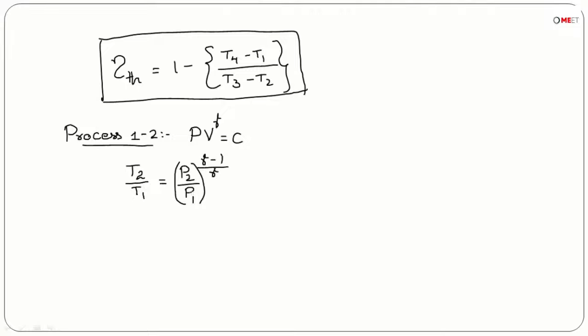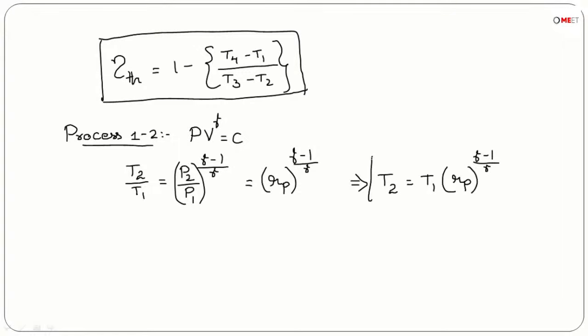So this is the relation between temperature and pressure when we have an isentropic process. So from this, P2 by P1 is nothing but the pressure ratio, so Rp to the power (gamma minus 1) by gamma. So from this we can write T2 equal to T1 into Rp to the power (gamma minus 1) by gamma.